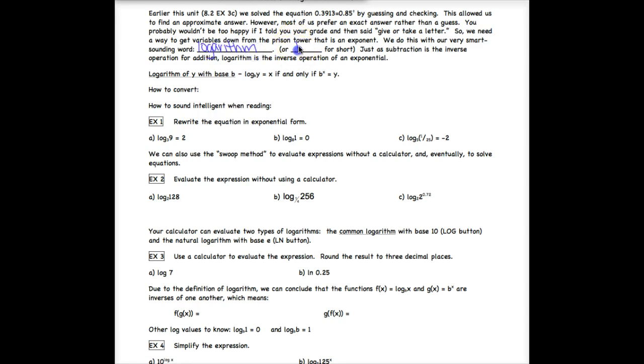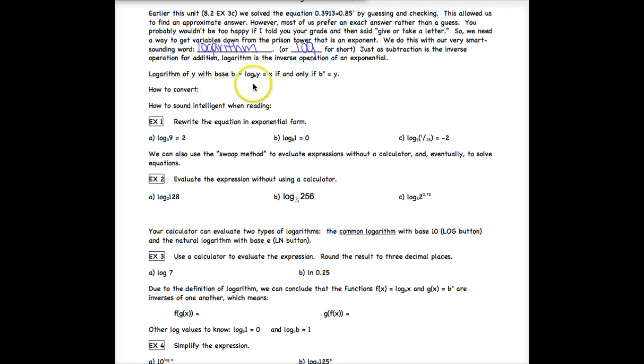And we call them logs for short. So just like subtraction is the inverse operation for addition, logarithm is the inverse operation of an exponential. So if you are trying to undo an exponential, then you need to take the logarithm. If you are trying to undo a logarithm, then you would switch it to exponential.